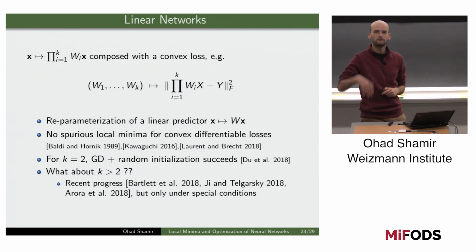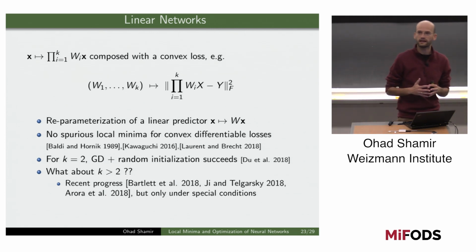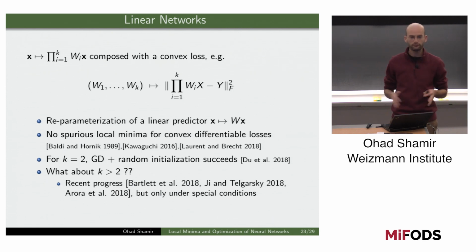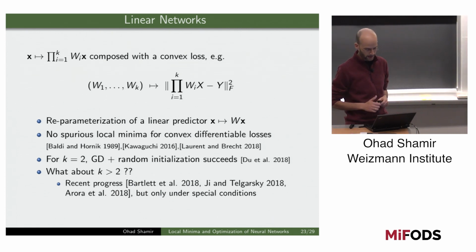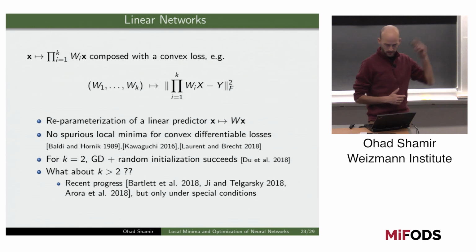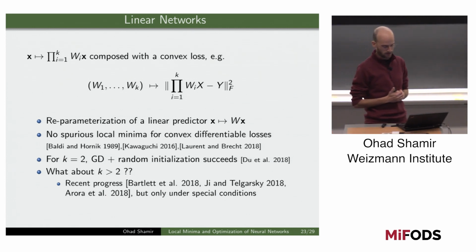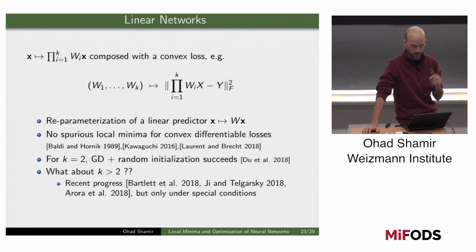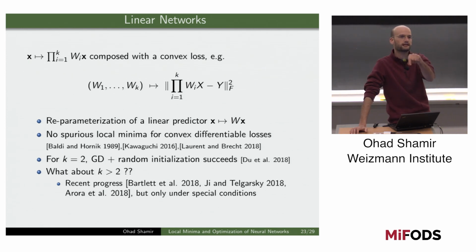But for more than two layers, the situation is not as clear. There have been several recent works on that, but none of them quite applied to gradient descent and random initialization in finite time. Bartlett, Helmbold, and Long analyzed this when all the Wi's are initialized exactly at the identity.